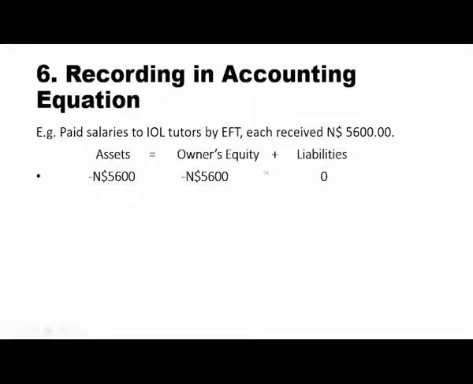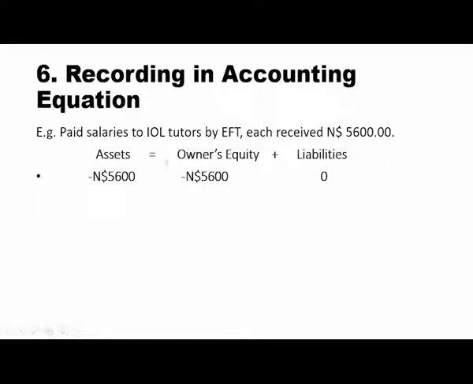So we have EFT. EFT is not an account, but EFT stands for the bank. So we know that EFT means the bank. Bank falls under assets. Then you have salaries. Salaries is an account which falls under owner's equity plus the money value.